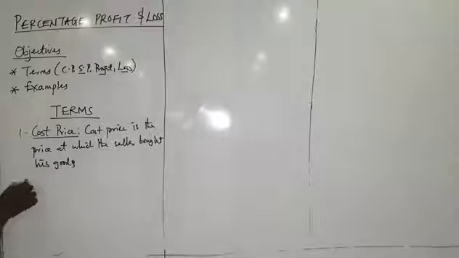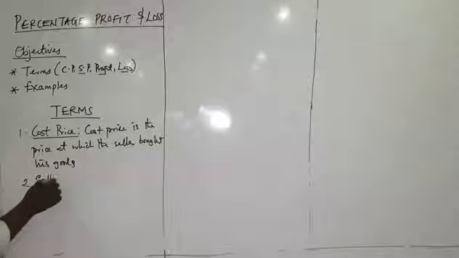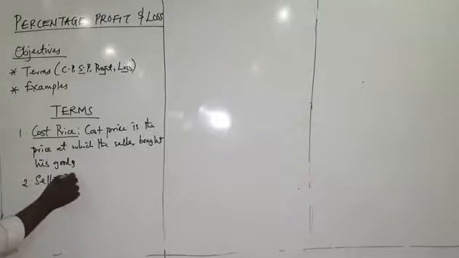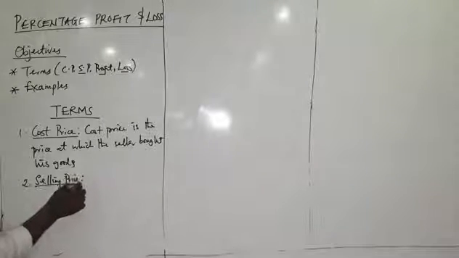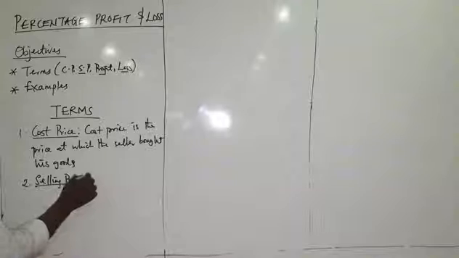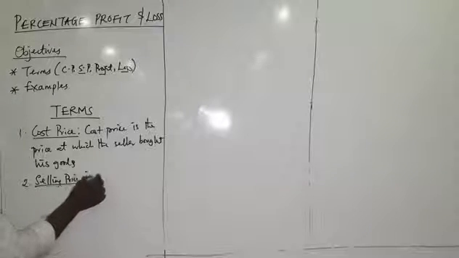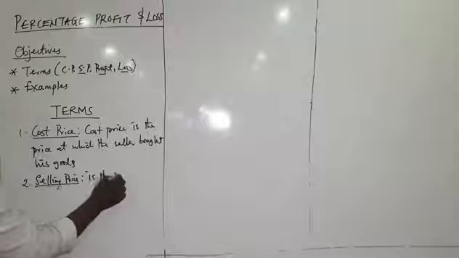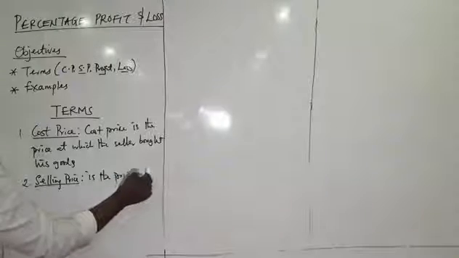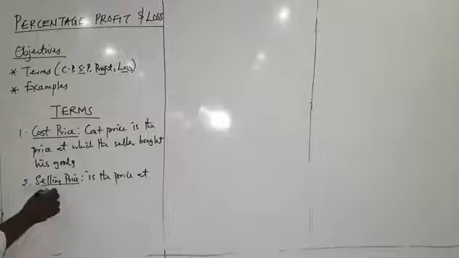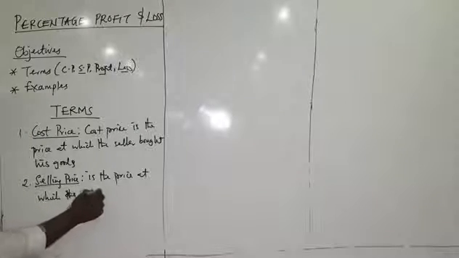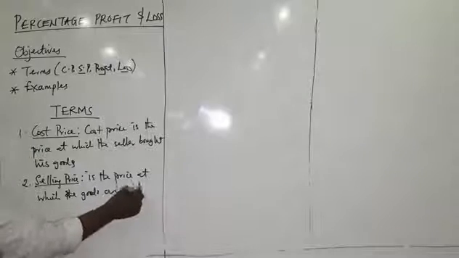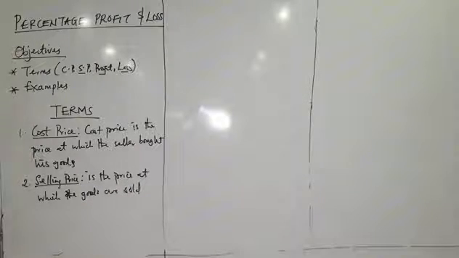While the selling price, so after buying it, the selling price, which is SP, is the price at which the goods are sold. So understanding of this will help you to solve problems on this one.